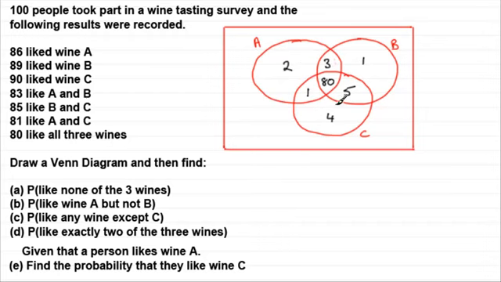Now I said that was finally, but it's not necessarily, because always check that if you were to add up all these numbers, does it come to 100? Well, maybe it does, maybe it doesn't. I'll leave it up to you just to add all of these individual regions up, but you should find that it comes to 96. And that means that we've got 4 more people left over. And those 4 people have to go on the outside here.